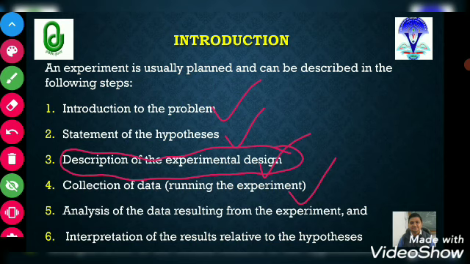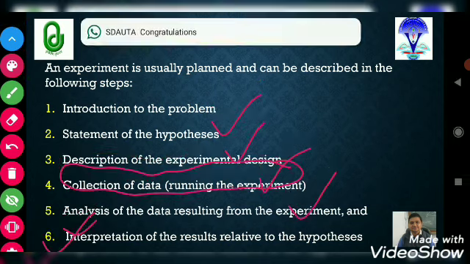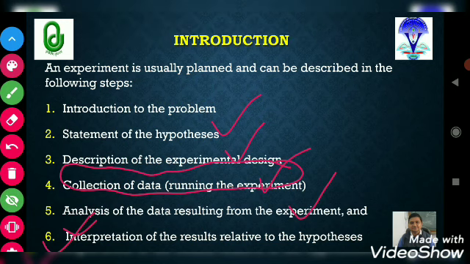Now after collection of data, you have to analyze the data resulting from that particular experiment, and after analysis you will interpret how your results have gone and what your results are indicating. So this is how we plan any experiment. These are all the things we have to keep in mind when planning our experiment.